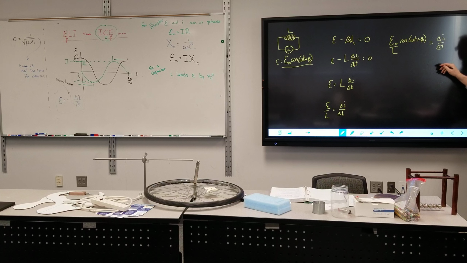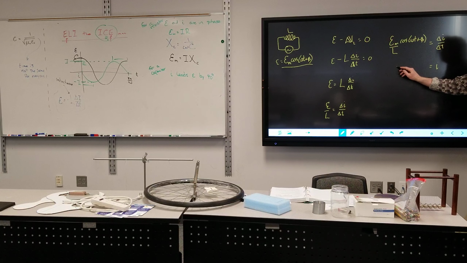So what is current? In other words, what function, when I take the slope of, is going to give me cosine? Before we did the slope of cosine, now we're trying to figure out the slope of what will give us cosine. Go ahead, Luis. Sine? Sine, yes.